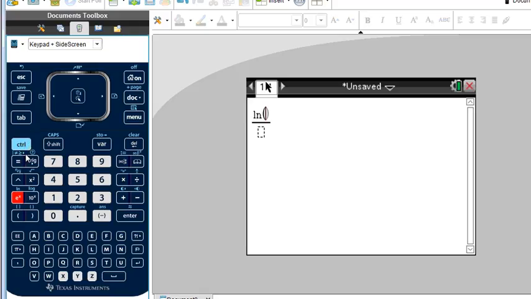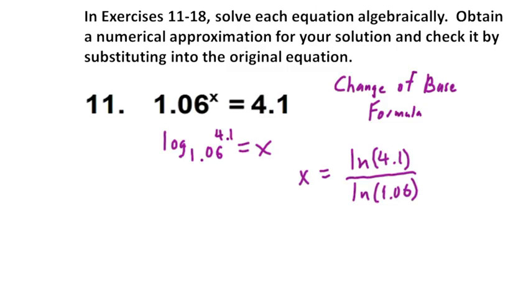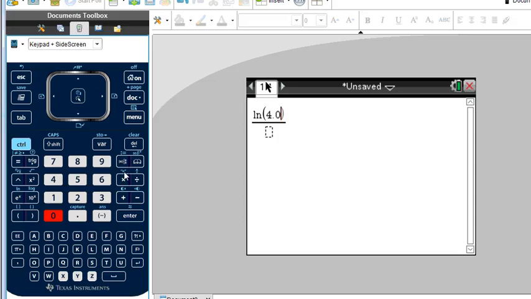And we press the Control and E to the X key. 4.1 over the natural logarithm of 1.06. And for that, we get 24.2151.